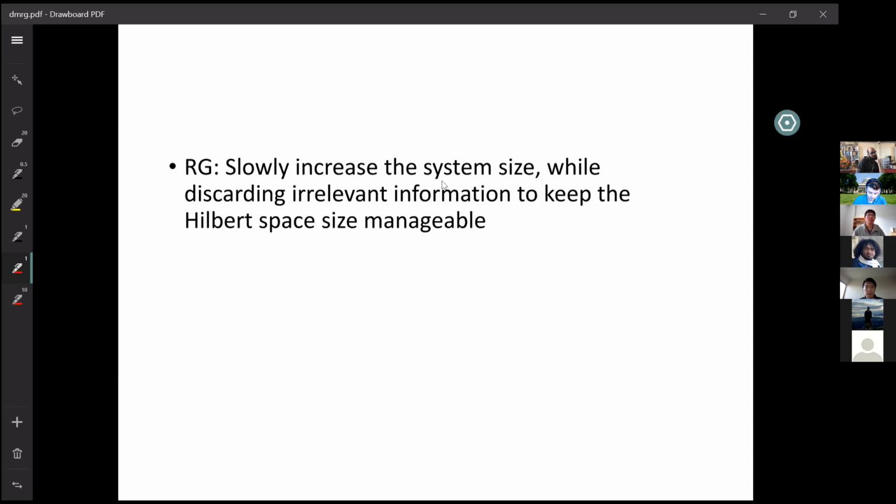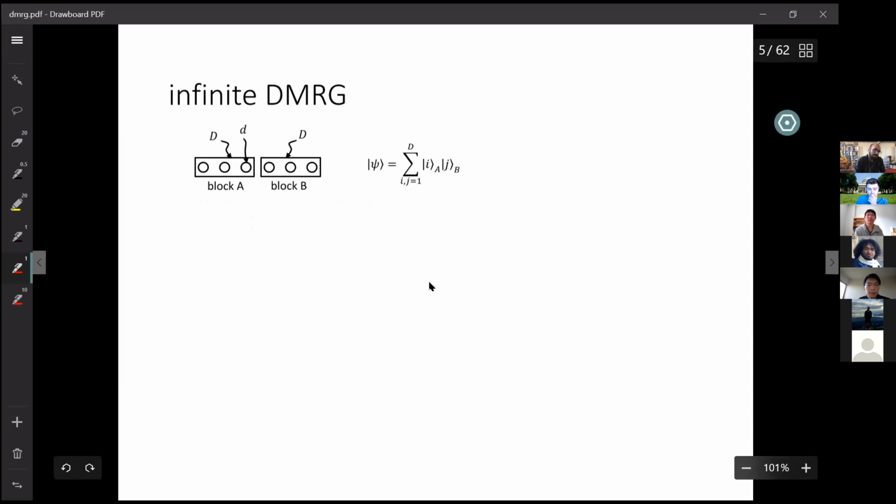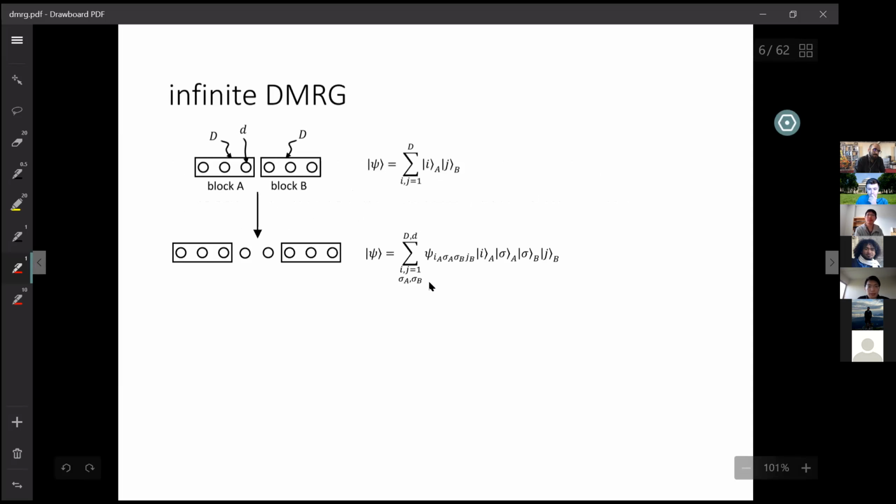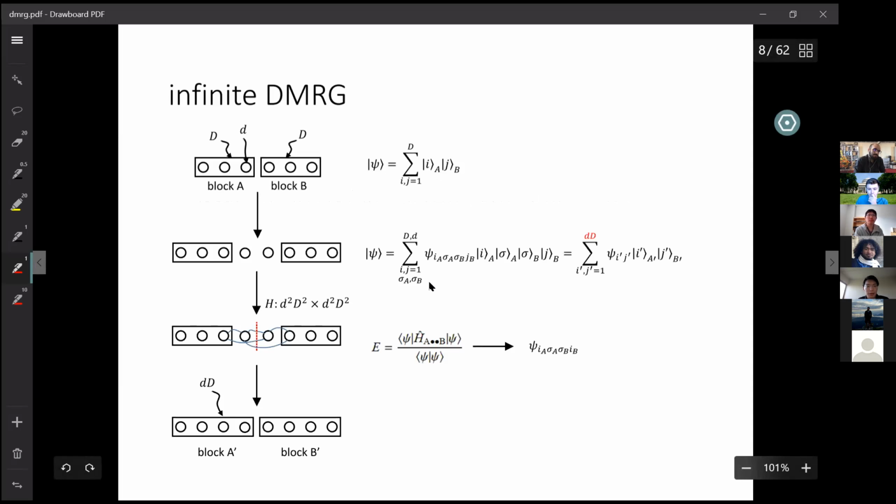In this process, we include more and more degrees of freedom, and the problem becomes complicated to solve. So along the way, we discard irrelevant information to always keep the Hilbert space we care about manageable.